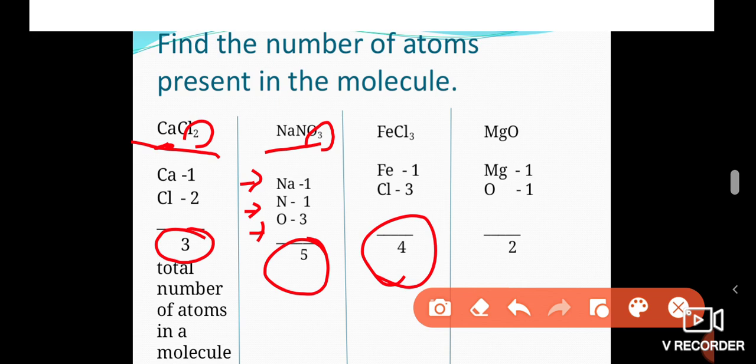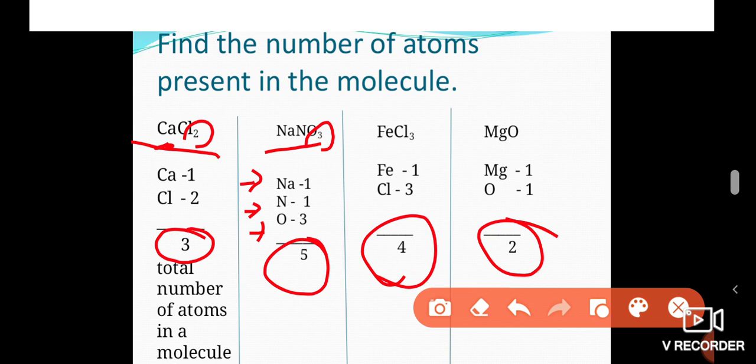How many Mg are there? After Mg there is no number, so only 1 magnesium atom is present. Like that, after O there is no number. That indicates only 1 oxygen atom is present in the molecule. So oxygen is also 1. Totally 2. So in this way we can find the number of atoms present in a molecule.